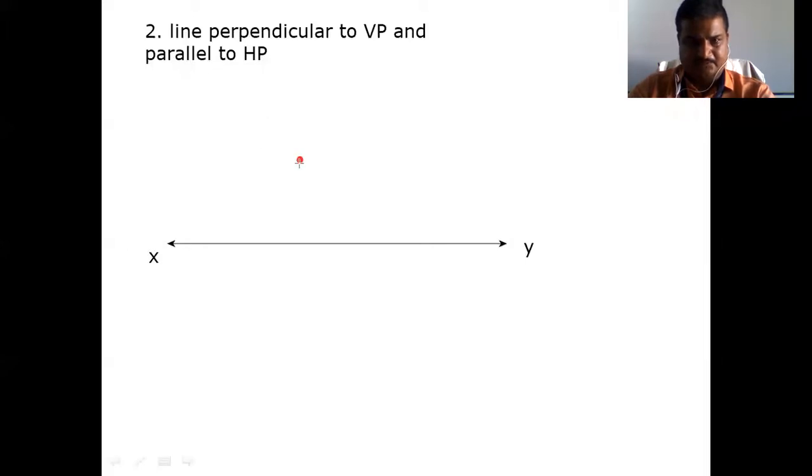You can draw a projector through this particular point, and you will get a line exactly on this particular projector.